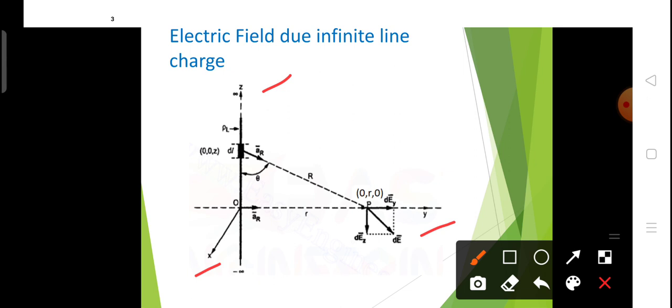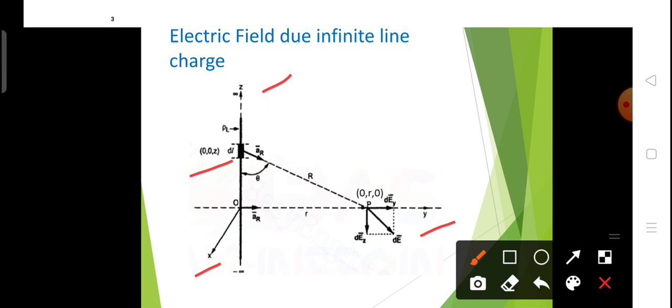There we are taking one point, dl, at 0, 0, z, which is nothing but in the x axis there is no point, in the y axis there is no point. In the z axis we have one point at the distance of z meter. The distance is measured from the origin.